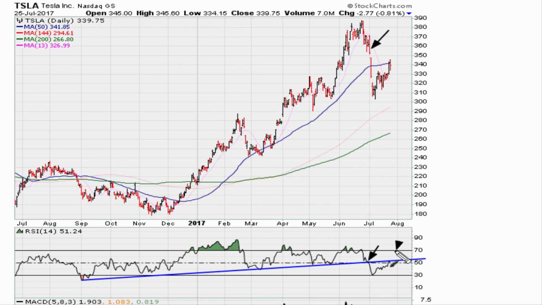Now the stock is trying to recapture back above that level. So either it moves above that line and continues with the recent recovery. It's a simple process here. Either we get movement above that line or we get resistance and we start pulling back.